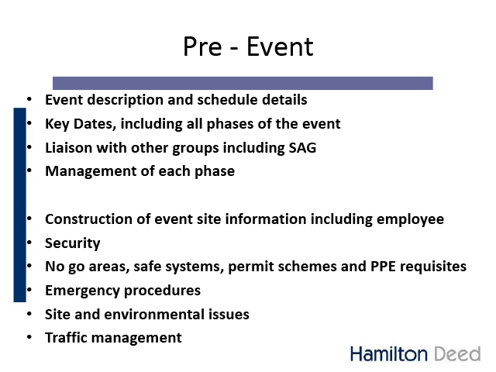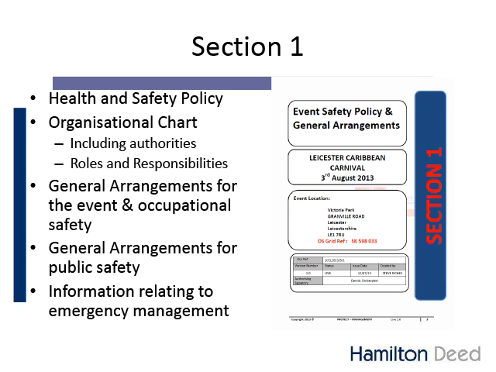So moving on then to section 1 of the health and safety management system for your event. This should contain a statement of intent as the organiser for the event, or in the case of a corporate business, a copy of the CEO's statement of intent. Most importantly at this stage, an organisational chart is needed to identify who has authority or responsibility for what and when.